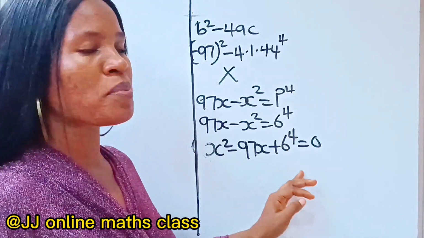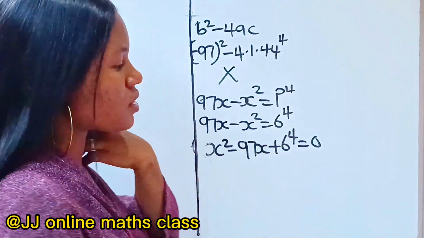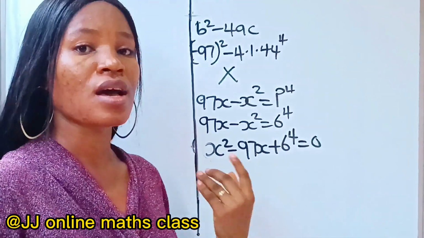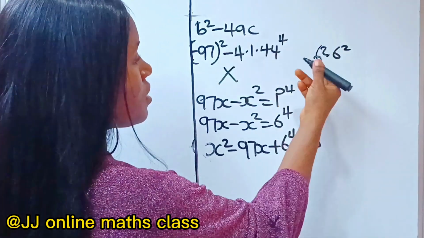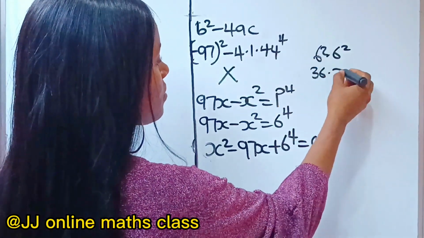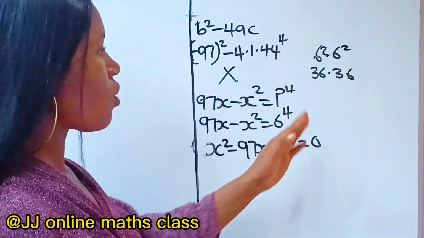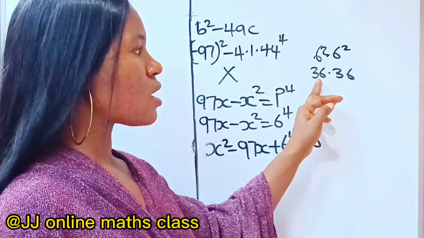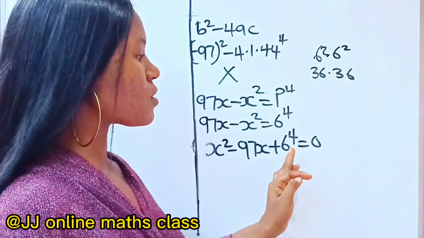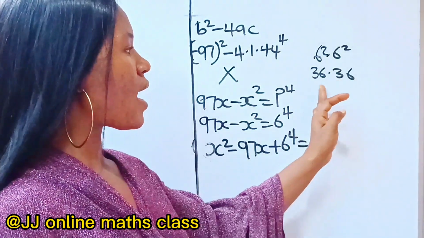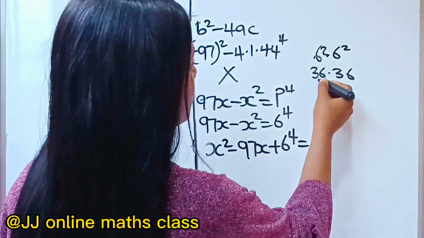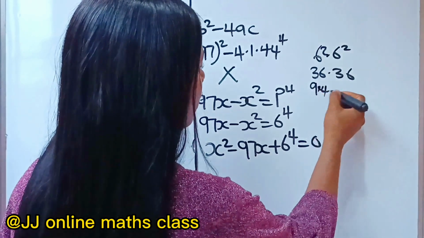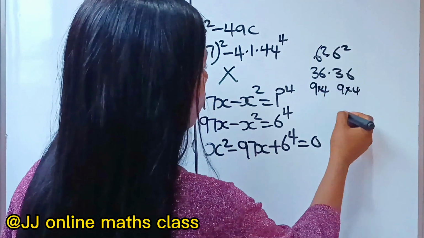Okay, so let's just break this into small bits. This 6 to the power of 4 is the same thing as 6 squared times 6 squared, right? And 6 squared is 36, times 36. Now we are not going to make use of this. Why? Because 36 times 36 will give us 6 to the power of 4, but when we add them, we are not going to get minus 97. Now this is the same thing as 9 times 4, and this is the same thing as 9 times 4.